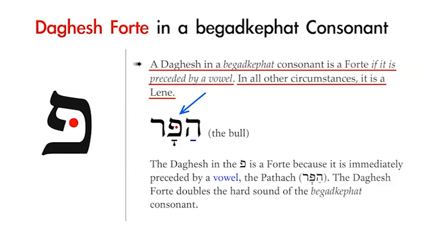We now need to decide, is this a Dagesh forte, doubling the consonant, or is it a Dagesh lene, hardening the consonant? We look at the letter before it, and if there's a vowel associated with it, it's a Dagesh forte. If there's no vowel before it, it's a Dagesh lene. It's that simple. You also need to understand that when a Dagesh forte doubles a Begad Kefat consonant, it doubles the hard sound, not the soft sound.